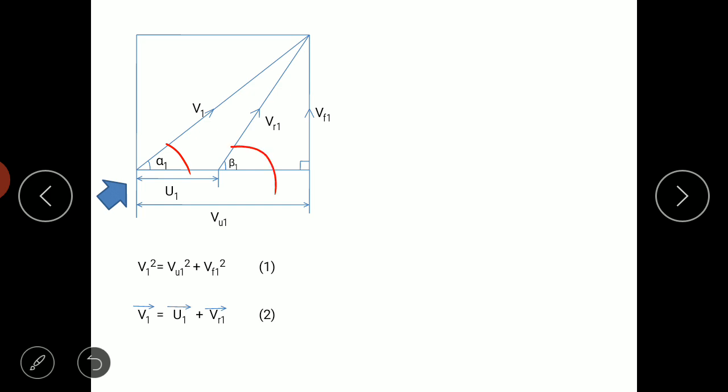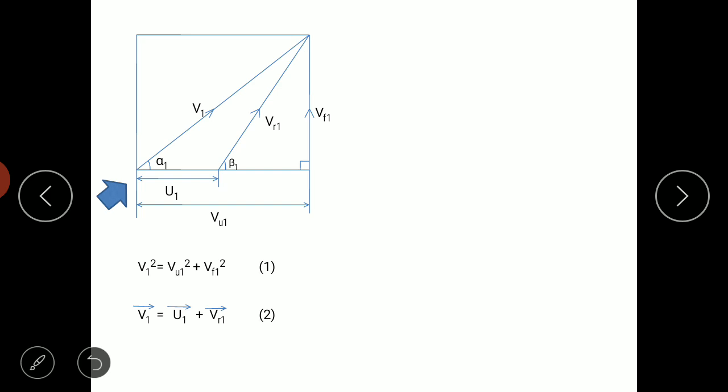Beta 1 is the angle made by relative velocity with the horizontal line. We have a relation between v1, vr1 and u1, and similarly between v1, vu1 and vf1. I hope you have understood what relative velocity is and how we have drawn the velocity triangle.